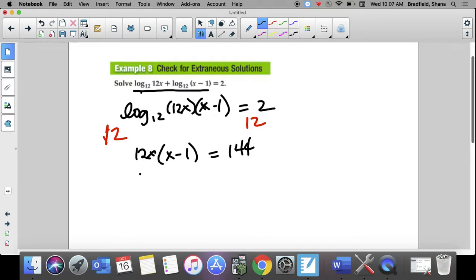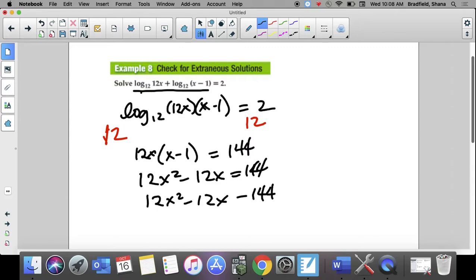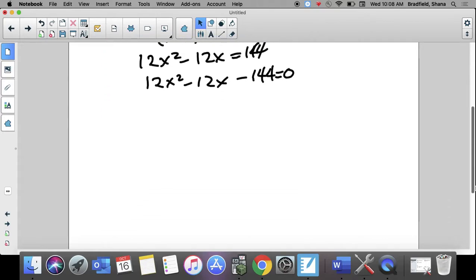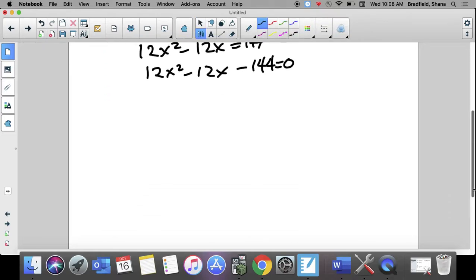And then we're going to distribute, so that's 12x squared minus 12x equals 144. And we've obviously got a quadratic. We're going to bring everything over to the left. 12x squared minus 12x minus 144 equals 0. I'm going to factor out a 12.